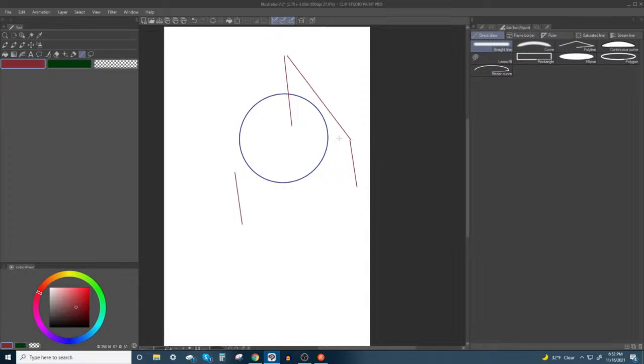But if I were to connect them like this and like that, this is the bottom. I know this is not perfect, but this is the bottom. You're not at the top. So it's things like that that let you know.